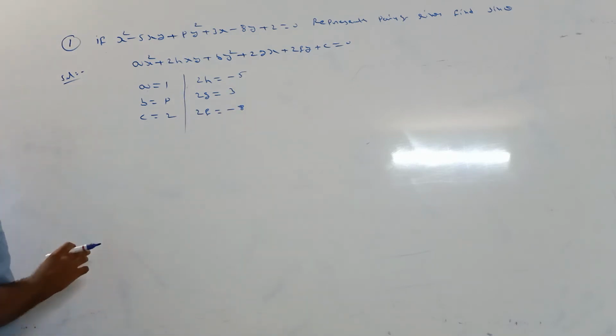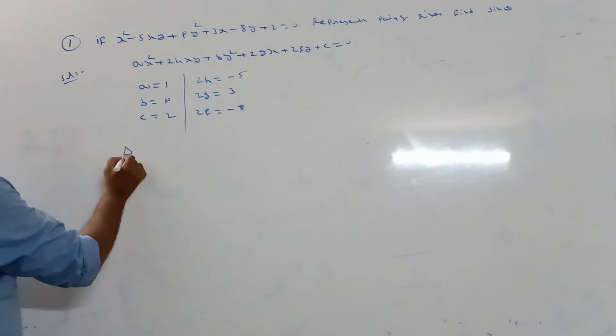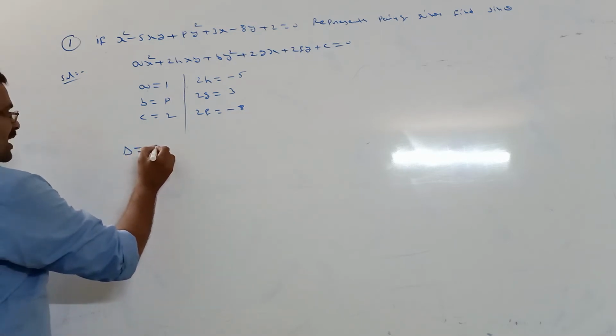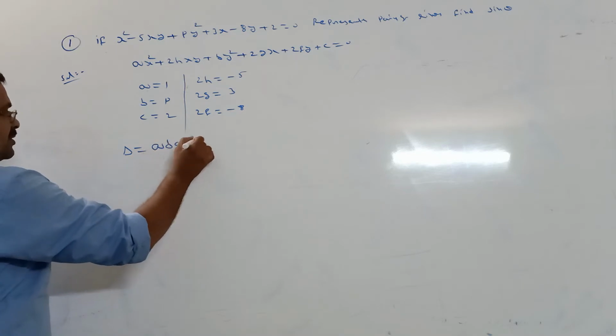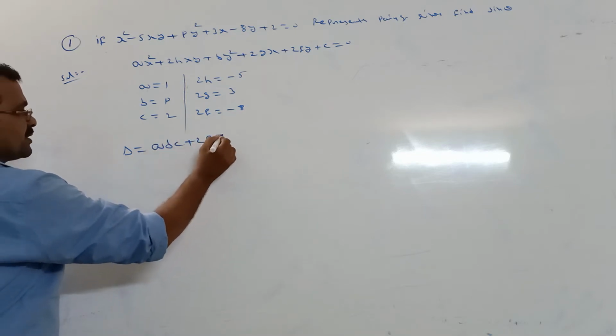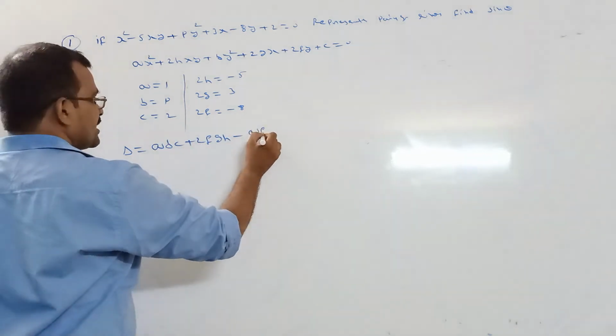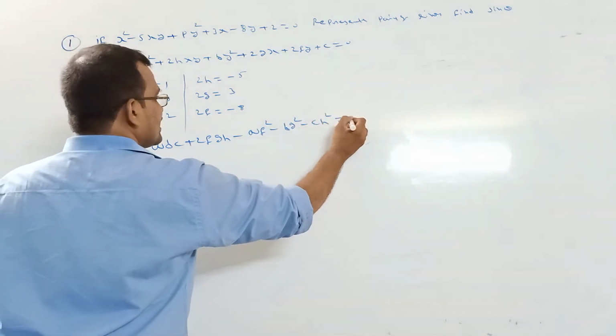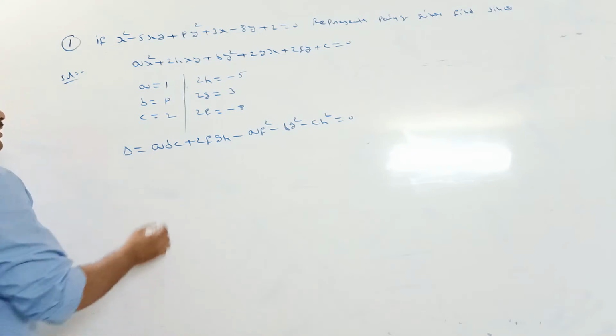So equating like this. After that, they given it represents the pair of lines. Apply the formula delta equal to abc plus 2fgh minus af square minus bg square minus ch square equal to 0.